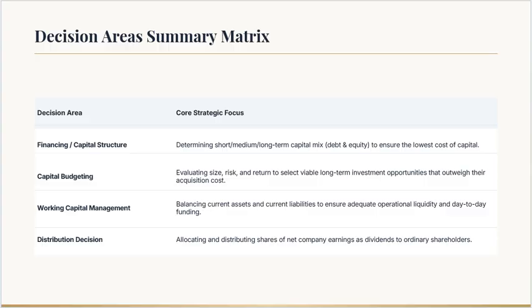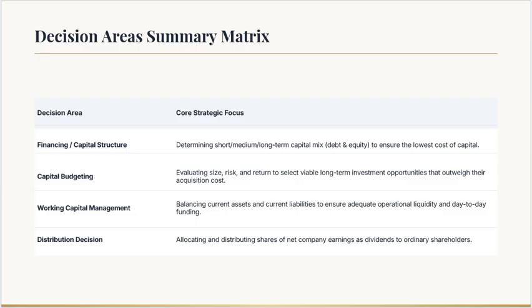financial management has to do with four major areas that I am presenting in this matrix. What we call the financing or capital structure decision, which deals with the determination of where we raise money from to finance our activities as a business. This is meant to ensure we raise capital at the lowest cost.